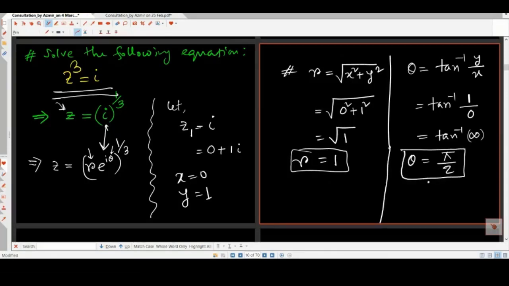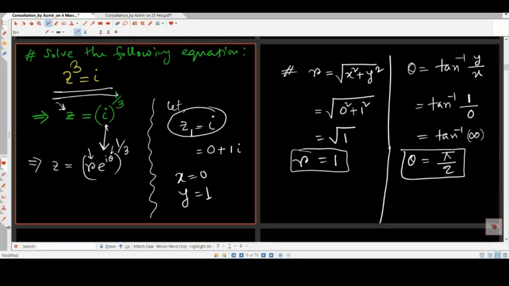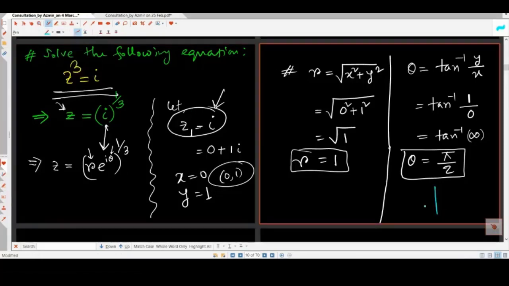But besides using this formula, we need to locate this point. We need to identify where the point is located. It is 0 plus 1i, so that means it is the point (0, 1). Let's try to locate the complex number in the Argand diagram, in the complex plane.